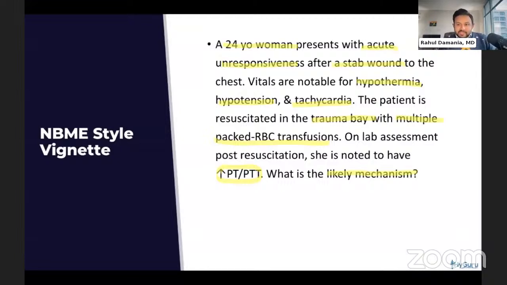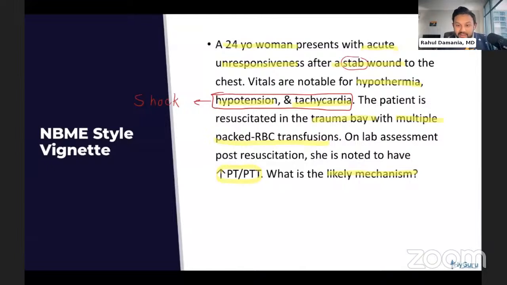So in this situation, the patient is going to have hemorrhagic shock. The patient had a stab wound, and here is a very important test-taking tip for step 1 and step 2. Whenever you see hypotension and tachycardia, just say the S word, and the S word is going to be shock. When I'm on call in the pediatric ICU and I see hypotension, tachycardia, I'm saying a different S word.